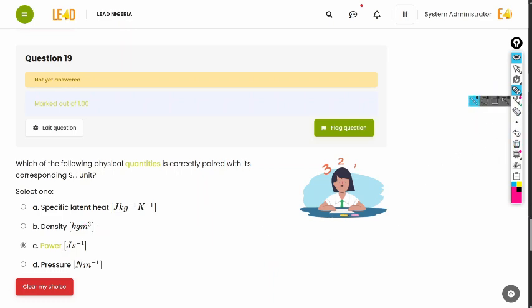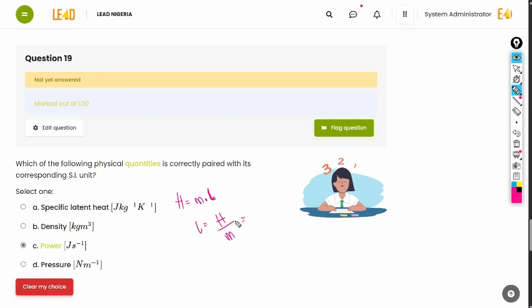And let's take the final one, specific latent heat. For specific latent heat, your formula is H equals M times L, right? L is your latent heat. So your L would just be H over M. This is something you would do when you do heat energy, right?